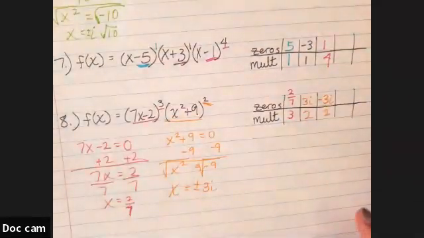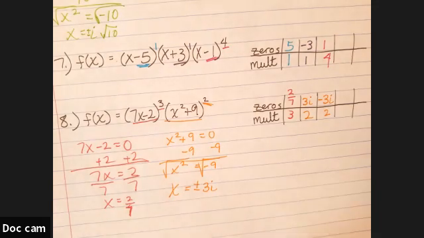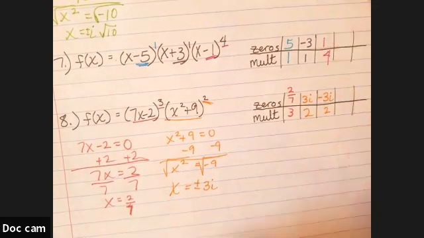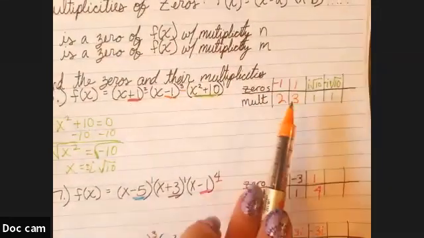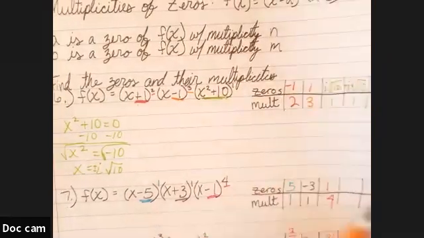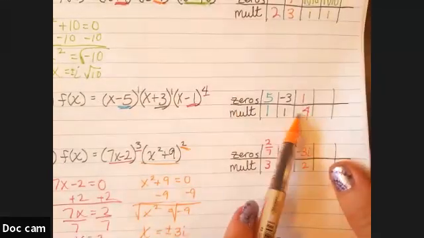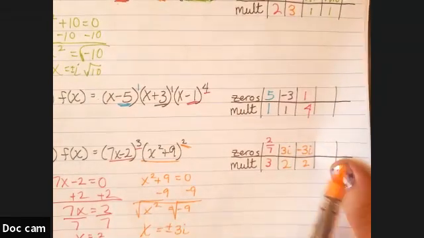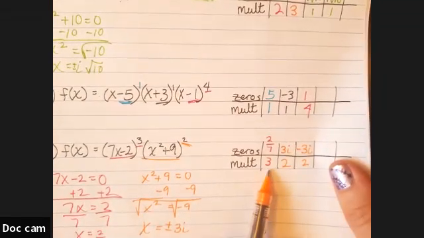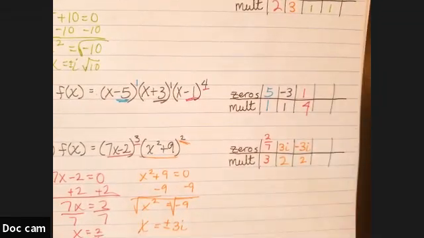So positive 3i and negative 3i, and their multiplicity is going to be 2. And those are imaginary. So like this graph here, for number 6, the graph would have 2 x-intercepts. For number 7, it would have 3 x-intercepts. And for this one, it only has 1 x-intercept because you don't count the imaginaries because you can't graph them.